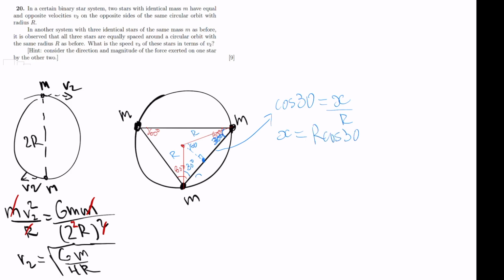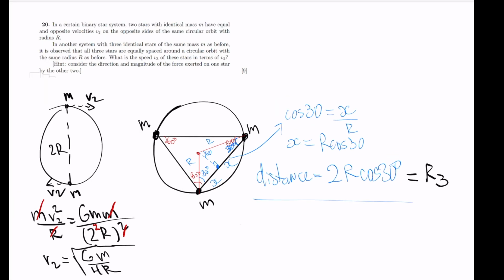Now there's two of them, because this one here is x and this one here is x, so the distance between the 2 points will actually be given by 2r cosine of 30 degrees. And now we are actually in business. We can calculate the actual new speed.